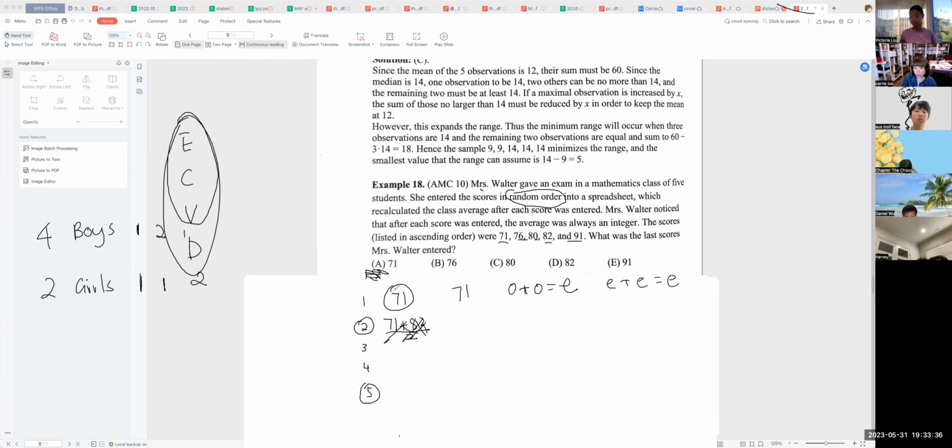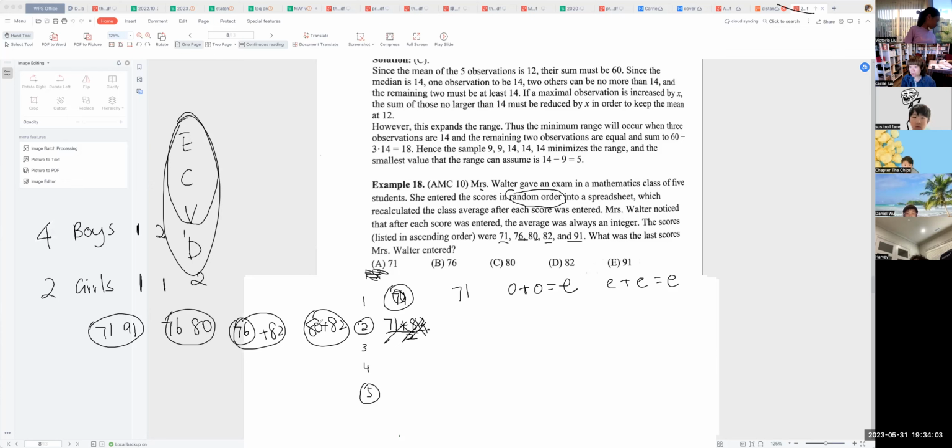So for the second time I put the number, it can only be like 71 and 91. That is one set of the possibility, or 67 plus 80, or 76 plus 82, or 80 plus 82. Do you understand what I mean, chapter?